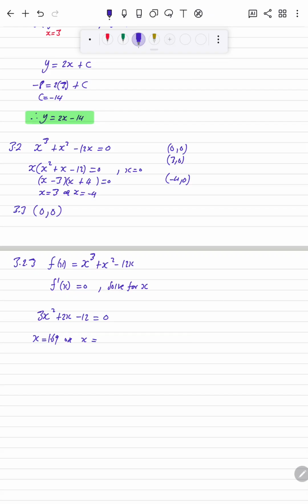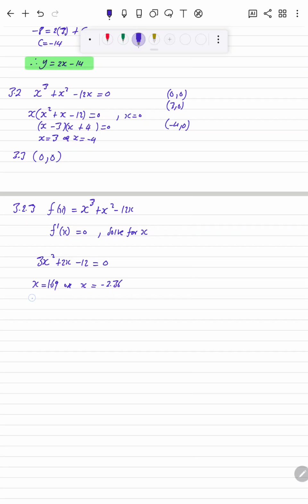And then the second answer, when I subtract, is negative 2,36. Now you have the x coordinates of the turning points. Remember that the cubic function turns twice. So this is not complete, because a turning point has both the y coordinate and the x coordinate.